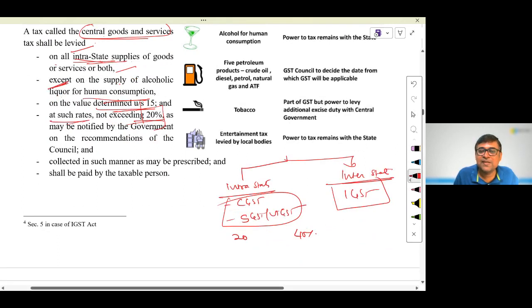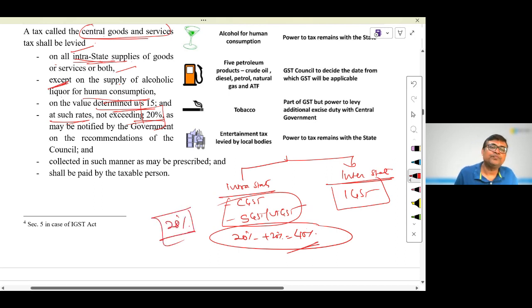How is it? 20% CGST plus 20% SGST comes to 40%. At present, no item is charged at 40%. The maximum rate of GST at present is 28%. However, the government may charge a rate up to 40%. This is the IGST combined rate, collected in such manner as may be prescribed and shall be paid by the taxable person.